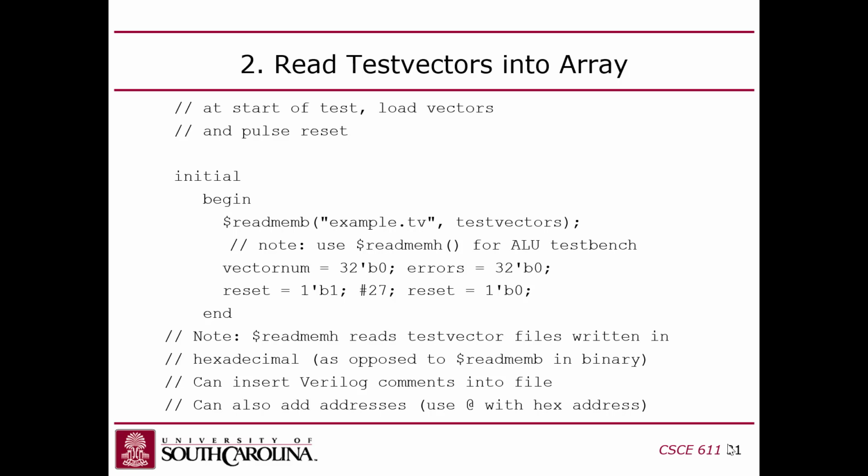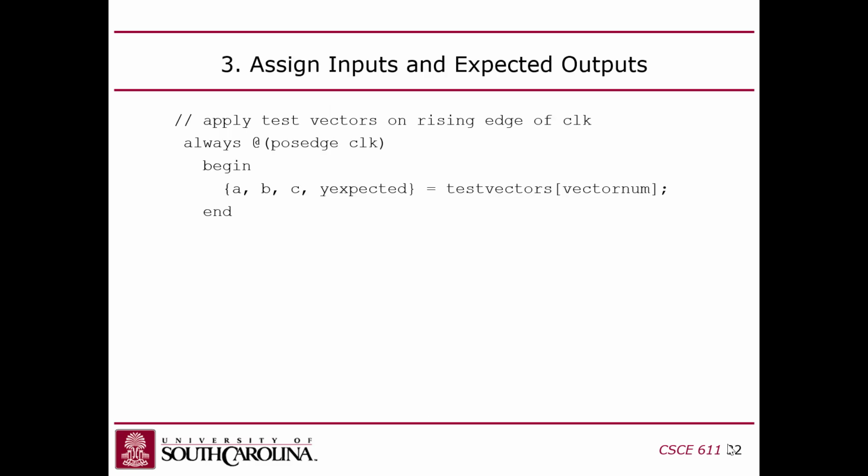Everyone with me? So far I showed you an always that just drives the clock, and the initial that initializes stuff. Okay, then we have two always blocks next. We got one that activates on the positive edge of the clock that reads a test vector out and drives it onto A, B, C, and Y expected.